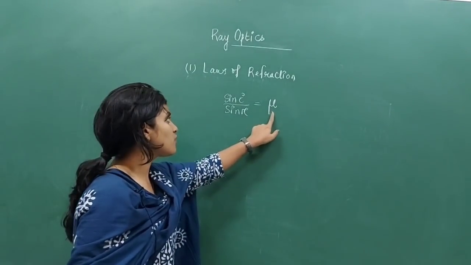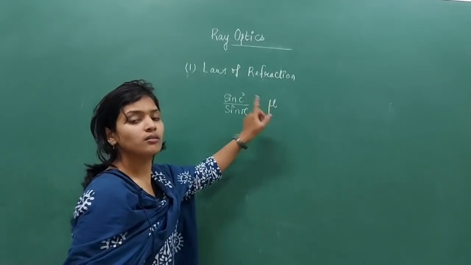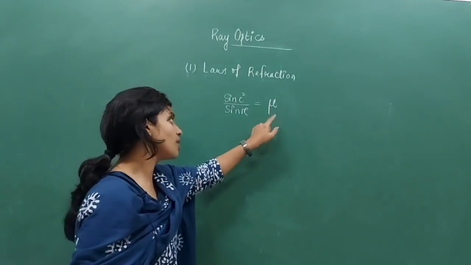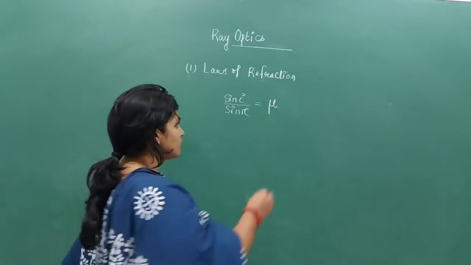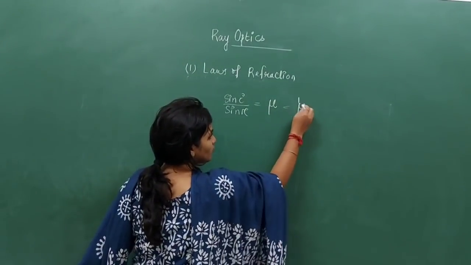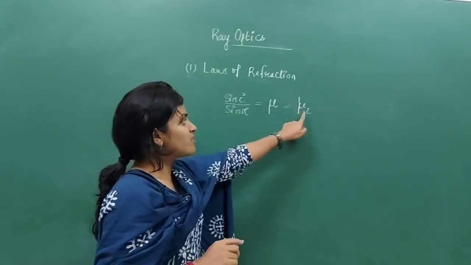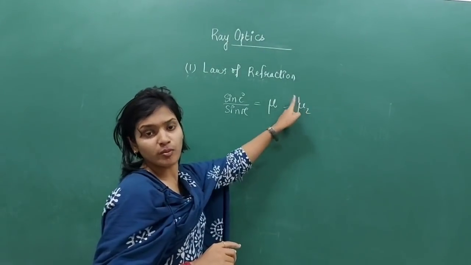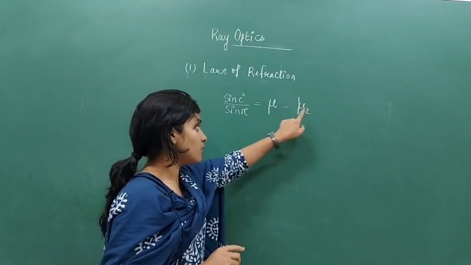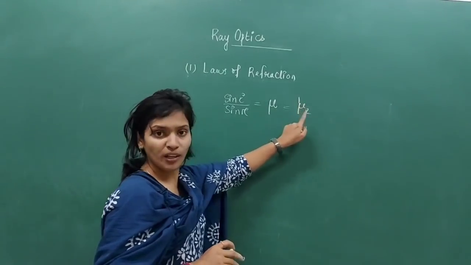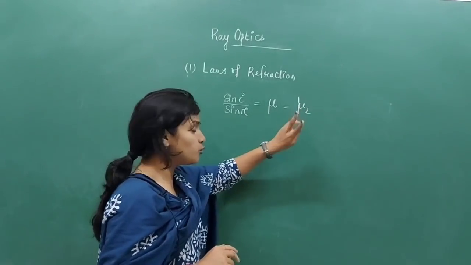This refractive index of the medium shows how the medium is optically denser or rarer. It is written as mu12. Mu12 means the refractive index of the second medium with respect to the first medium. We are comparing how optically denser or rarer the medium is between two media.